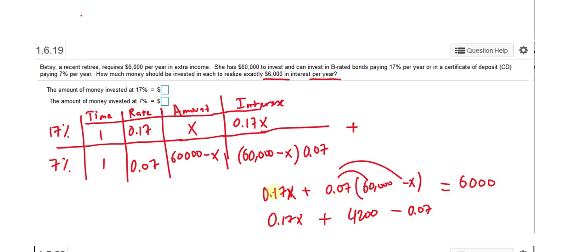So we add the two accounts together and you get 6,000. Now let's solve for X. Combine the like terms: 0.17 subtract 0.07 gives me 0.1X, and add 4,200 equals 6,000.